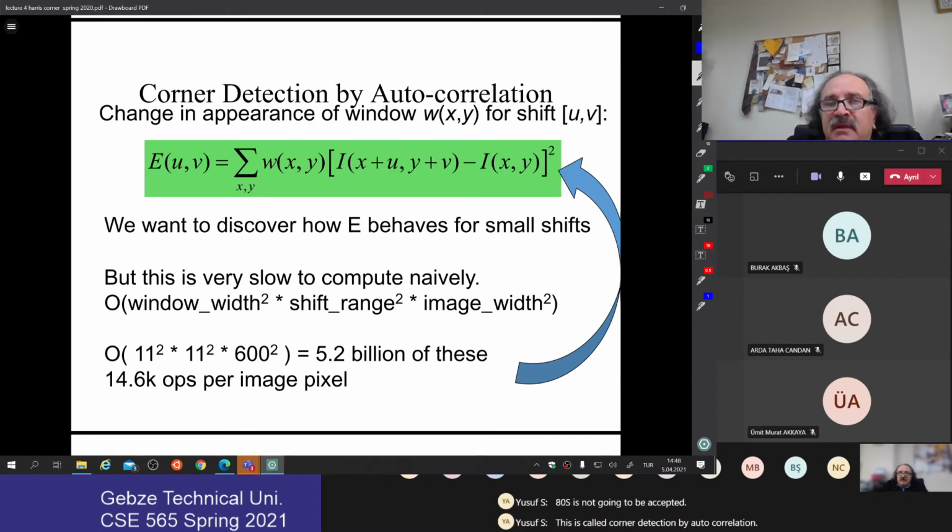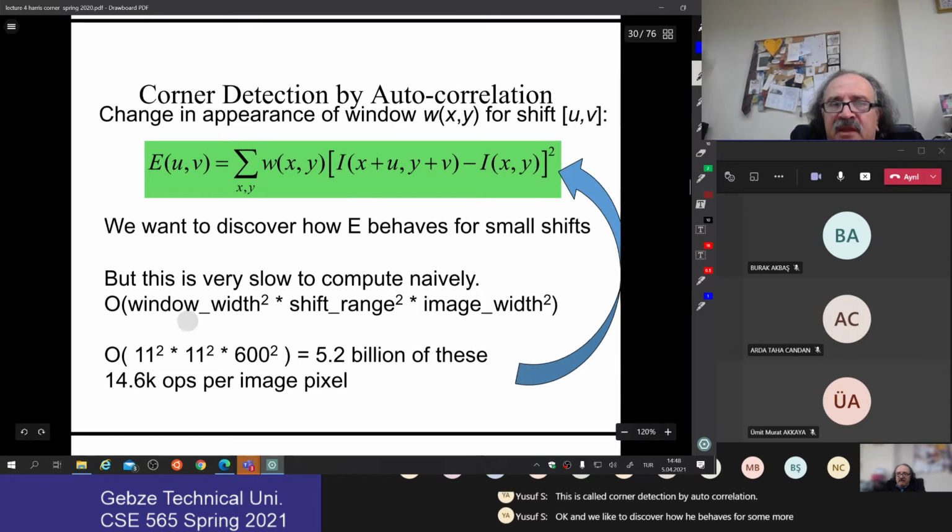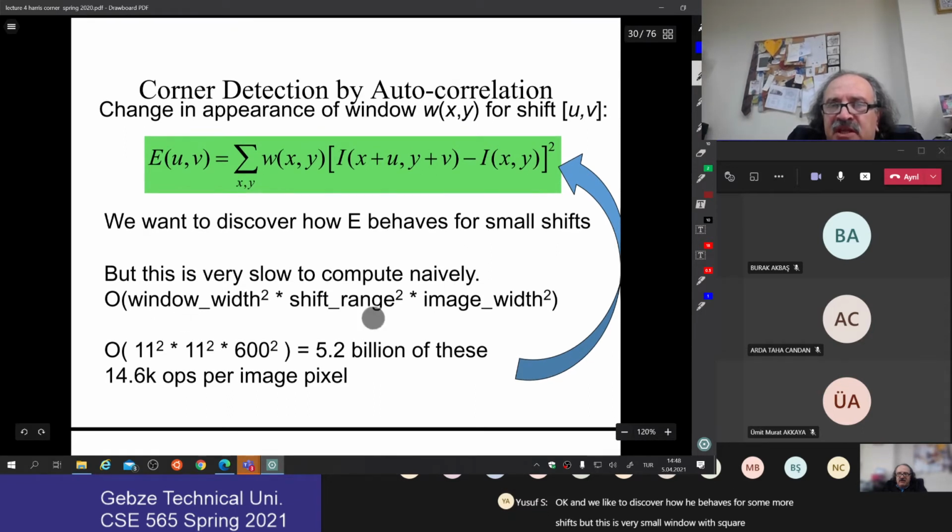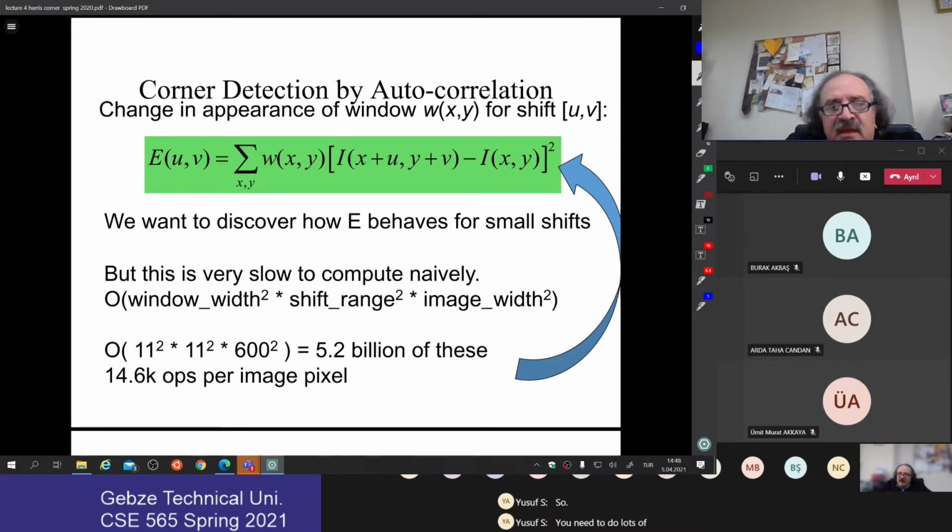We would like to discover how E behaves for small shifts, but this is very small. Window width square, shift range square, and image width square. So you need to do lots of them, and that's going to be expensive.